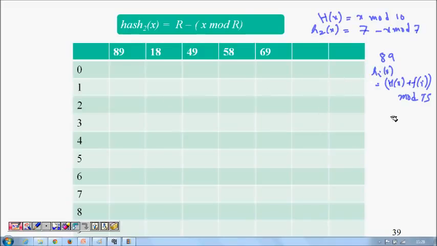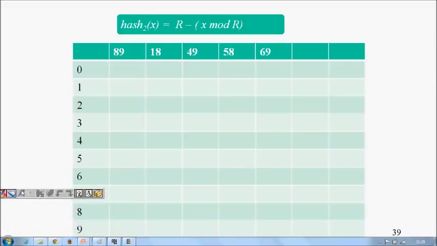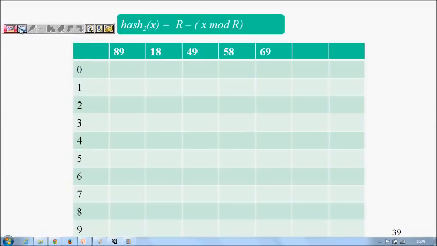So 89 modulo 10 is 9, so it will come to this place. Now we want to insert 18. 18 modulo 10 is 8, so we insert 18 here. The state is now 18 and 89 are here, there is no collision.